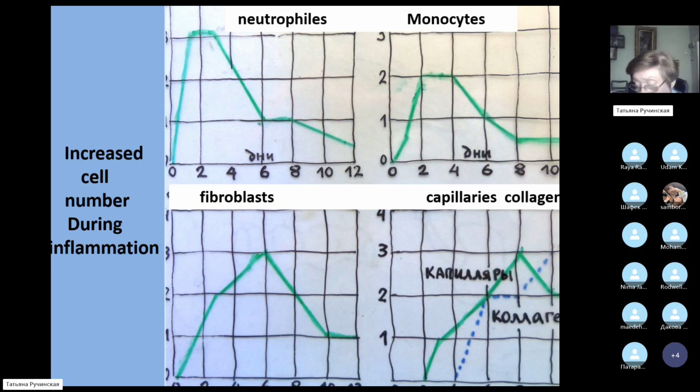And the main cell which takes part in restoration is the fibroblast. And you see, compare, this is the 6-day maximal number of fibroblasts in the zone of inflammation. This is the end of acute inflammation.